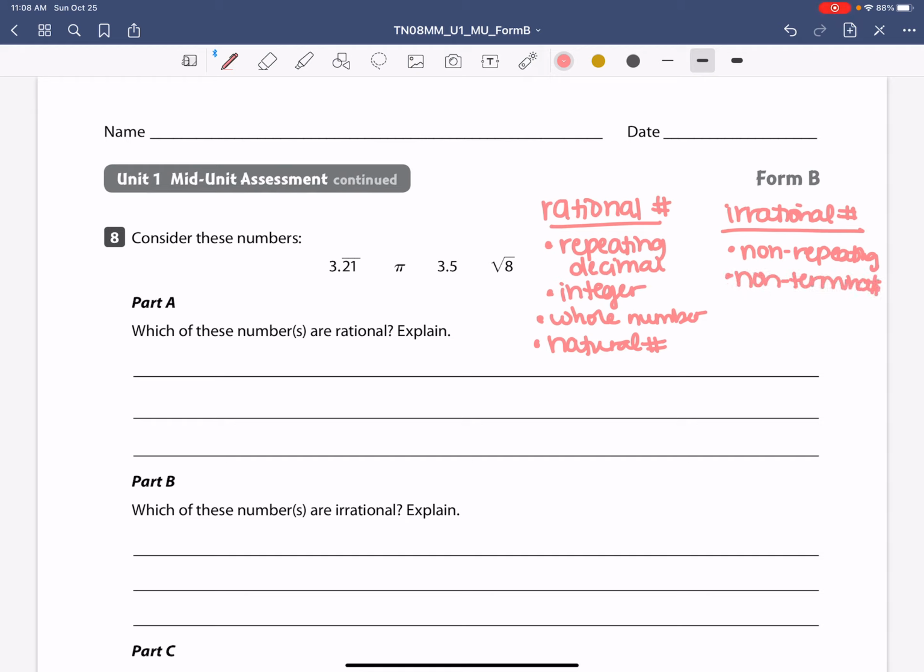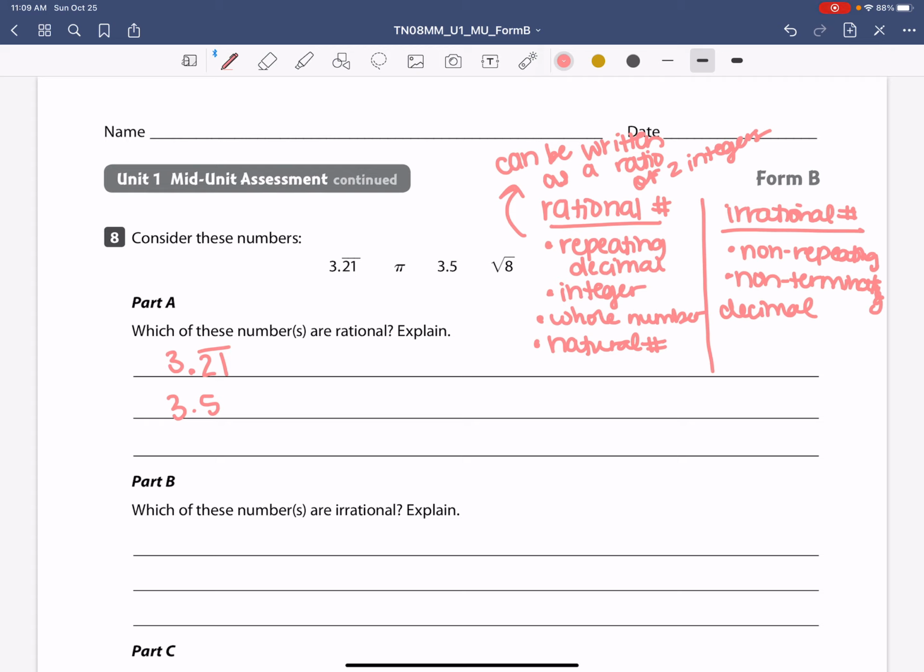All right. So, looking at what a rational number can be, a rational number is any number that can be written as a ratio of 2 integers. 3.21 repeating fits because it is a repeating decimal, and 3.5 is also a part of this because it can be written as a ratio of two integers.